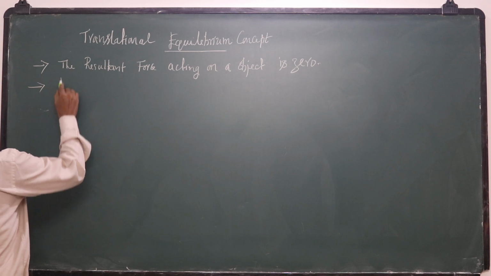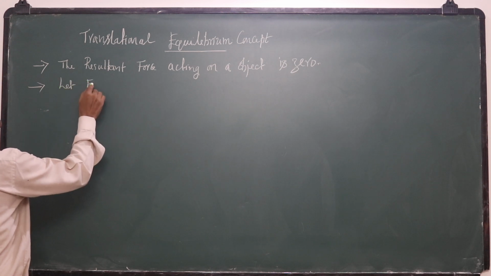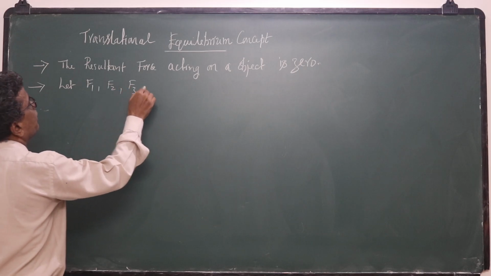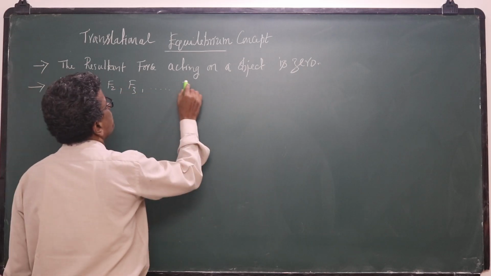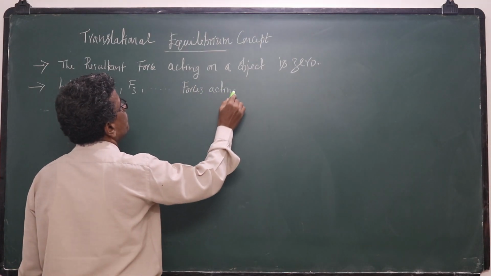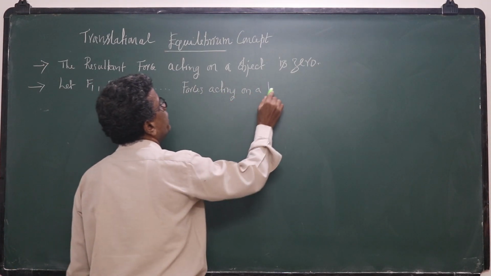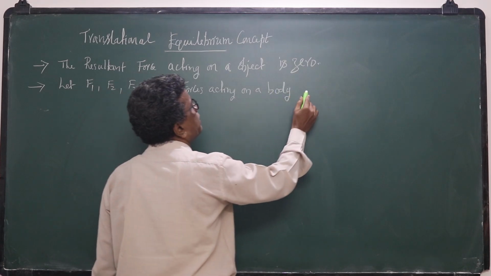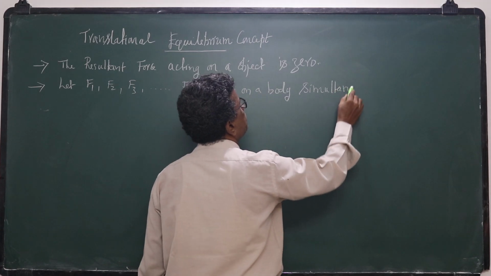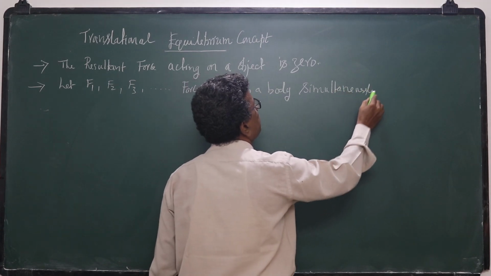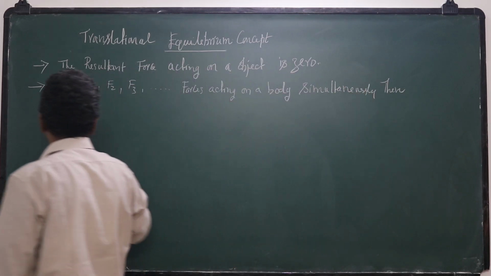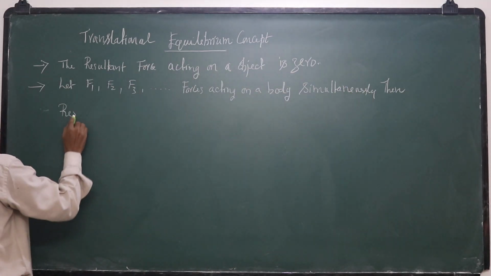That means let F1, F2, F3 and so on be forces acting on a body or object simultaneously. Then what is the resultant force from the laws of vector addition?